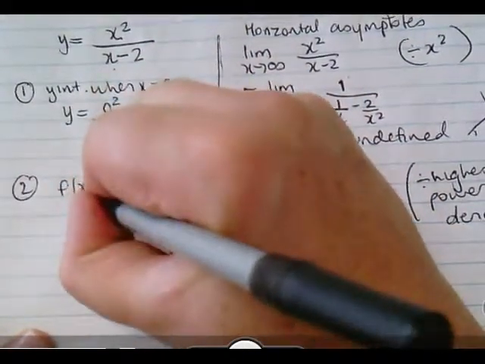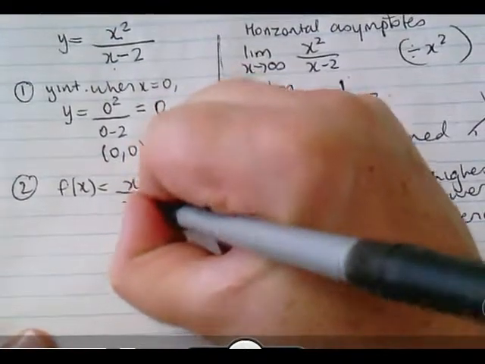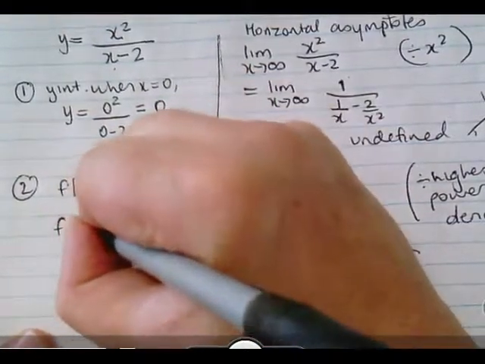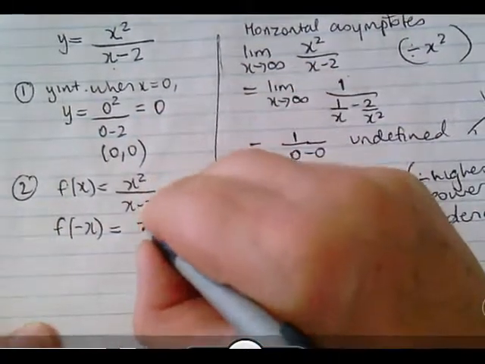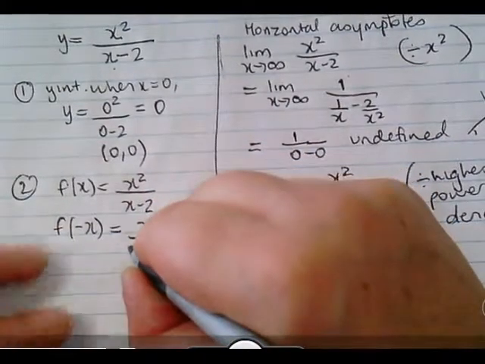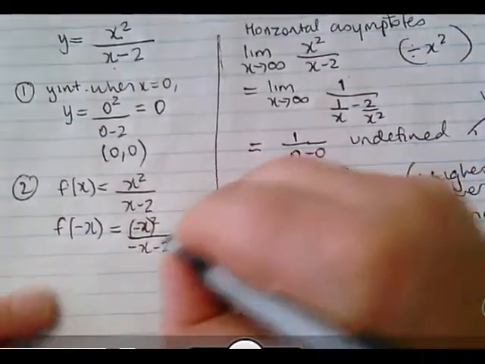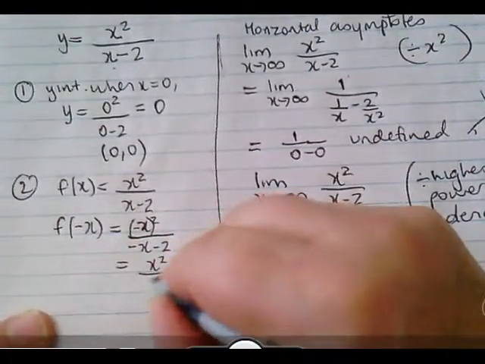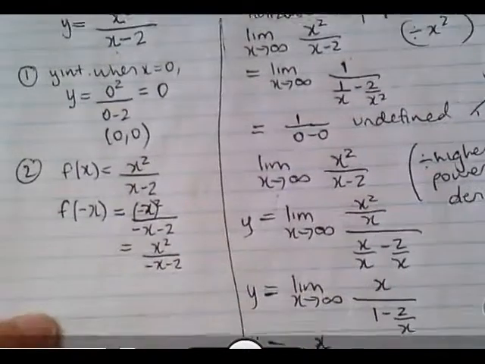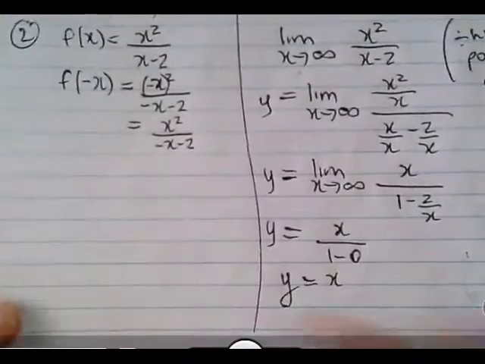The function of x is x squared over x minus 2. The function of negative x is negative x squared, which is x squared, over, replacing the x, I'll show all working, over negative x minus 2, which is x squared over negative x minus 2. Actually, it might be odd. No, I'll just try it.